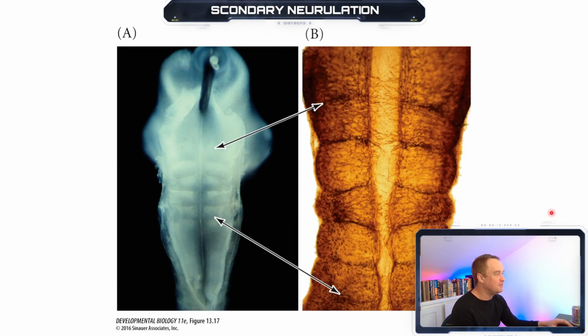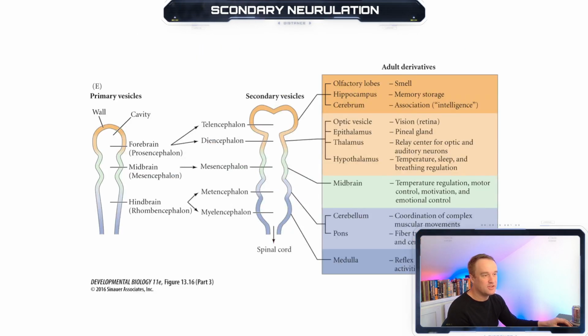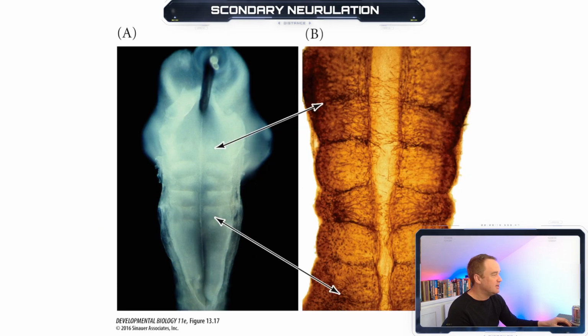So we did this in one of our case studies, the rhombomeres, and these just help lead to the development of these lobes of the brain. So the roof plate has been removed so that you can see kind of the inside.